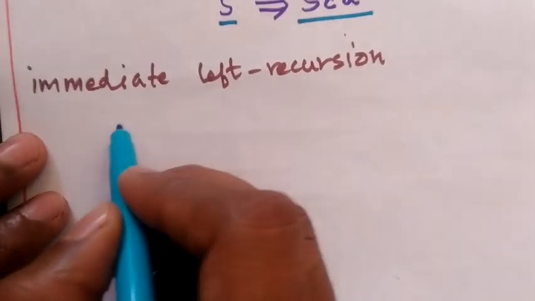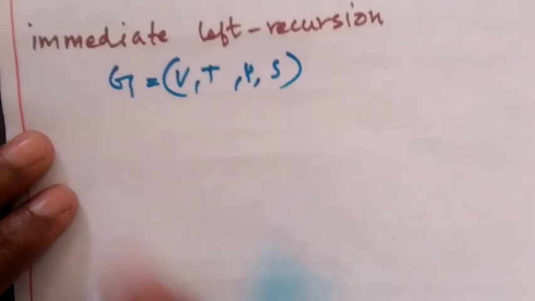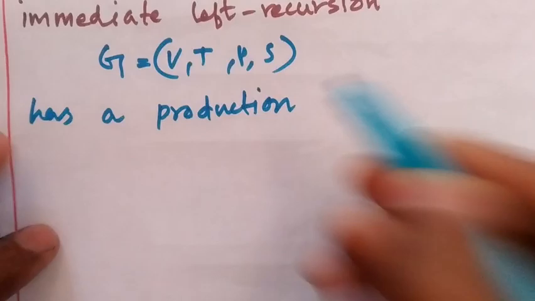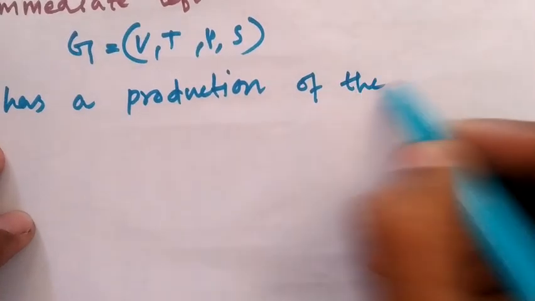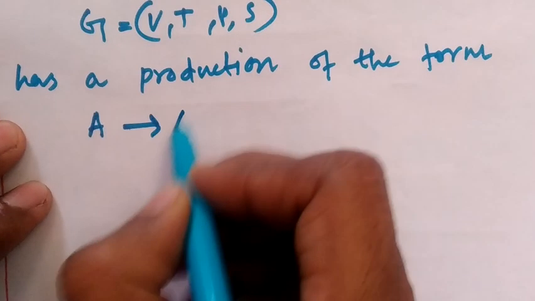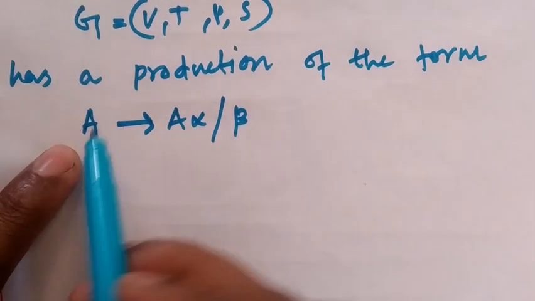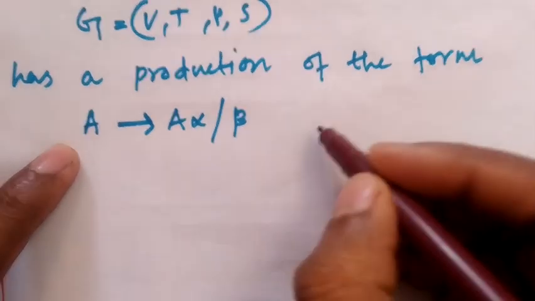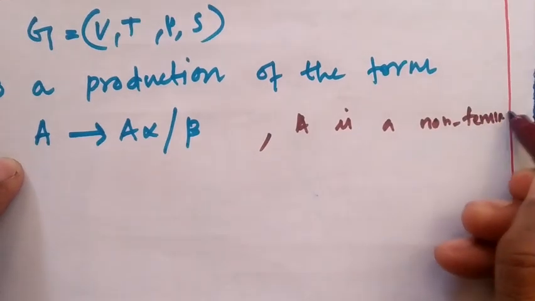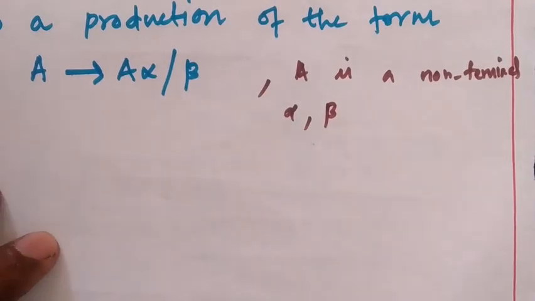Suppose a grammar G equal to (V, T, P, S) has a production of the form A gives A alpha or beta, and here A gives A alpha, where A is a non-terminal and alpha and beta are strings formed by using terminals and non-terminals.